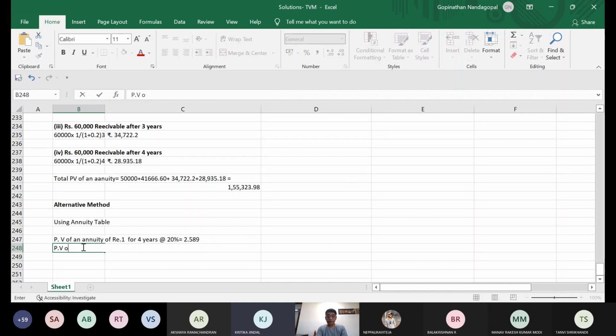Next, PV of an annuity of ₹60,000 is equal to 2.589 into 60,000.